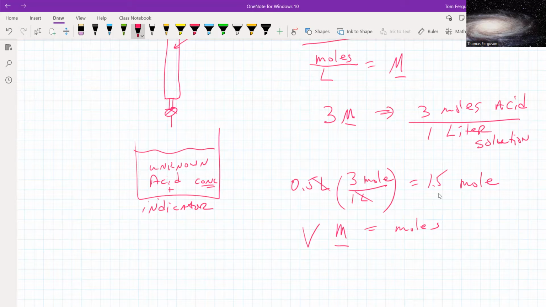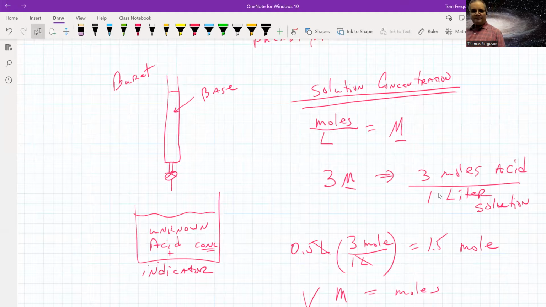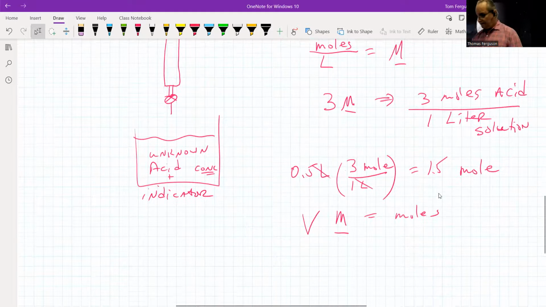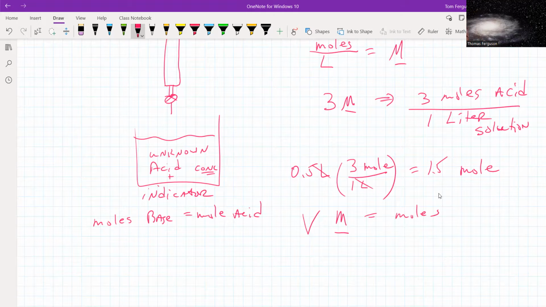Let's go back to our setup here. Up here, we want to equate the moles of base to the moles of acid down here, and we're going to achieve pH 7, neutrality.